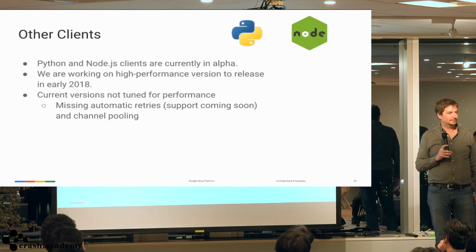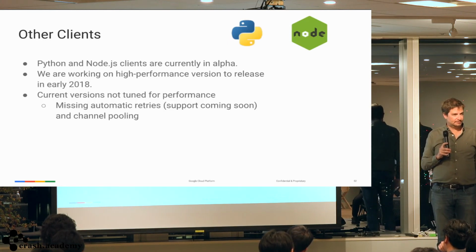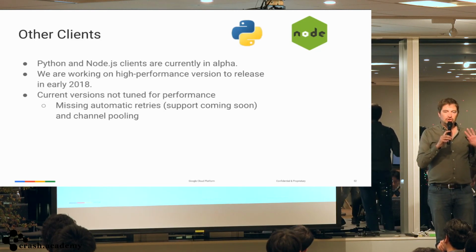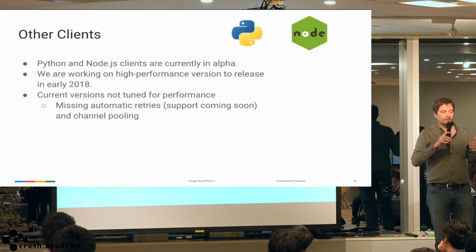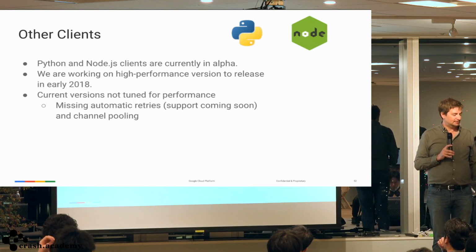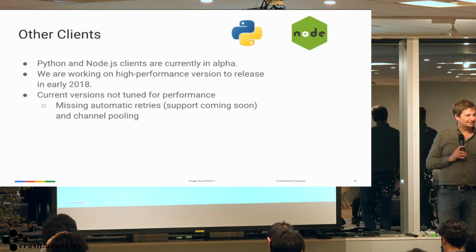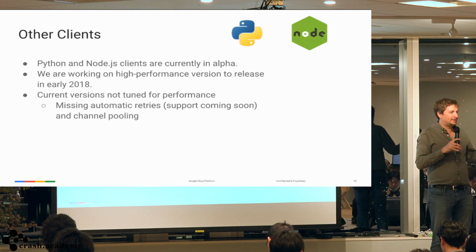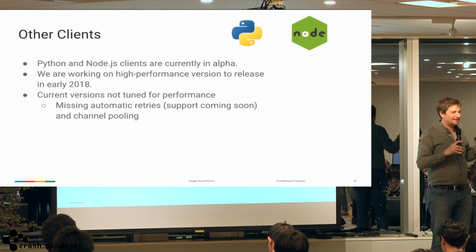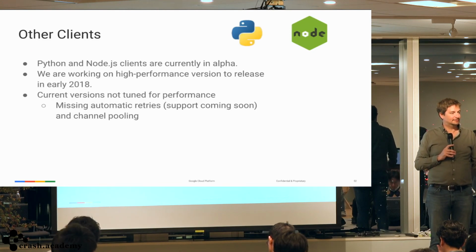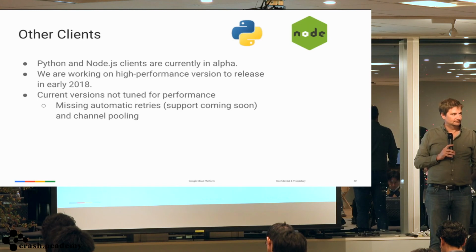The current versions are fine for small reads, like looking up a piece of data, but if you need to stream gigs of data, you should wait for the next versions.